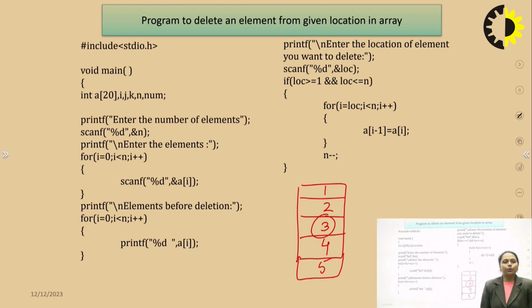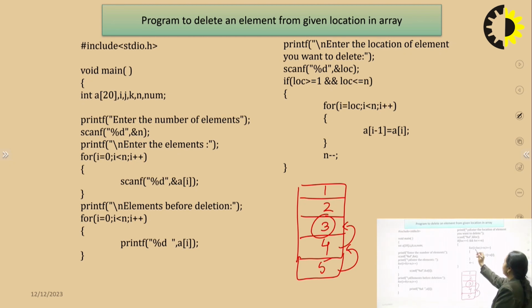So what is going to be the process? The condition is location must be greater than or equal to 1 and it must be less than or equal to n. That is, an array must exist. Then only can we delete an element from the array. Now shift all the elements one place upward. Means shift 4 to the place of 3, 5 to the place of 4, and decrease the size of the array by 1.